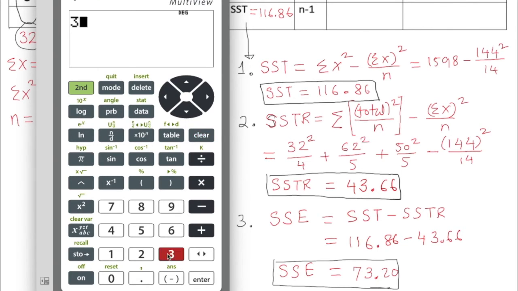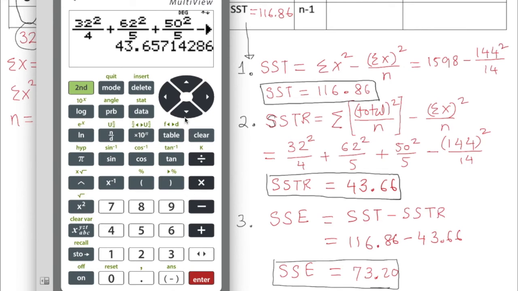You put down 32 squared divided by 4, go to the right side, plus 62 squared divided by 5, go to the right side, plus 50 squared divided by 5, scroll to the right, minus 144 squared divided by 14, and enter.